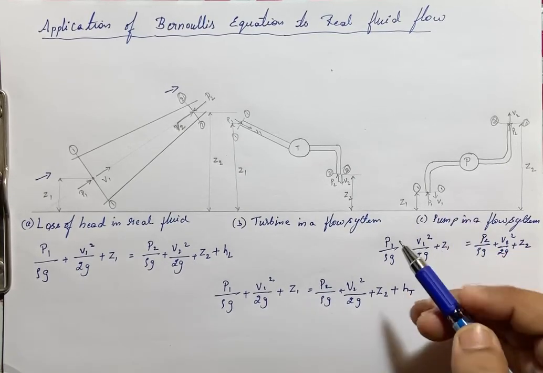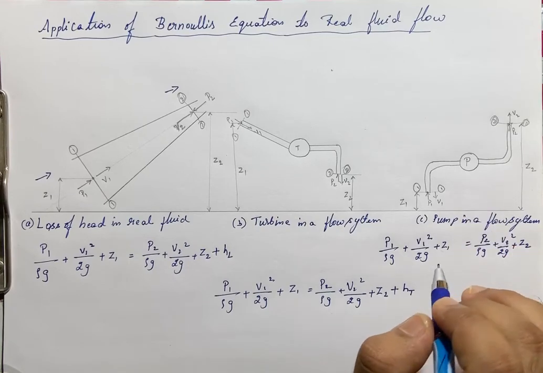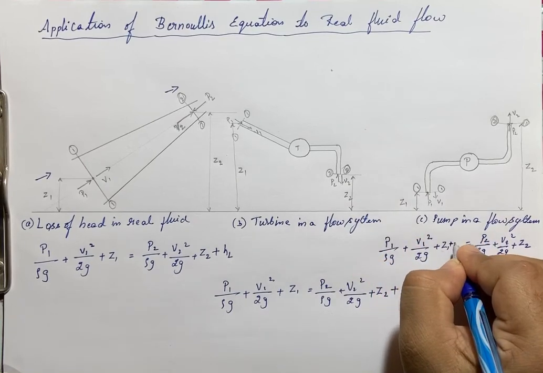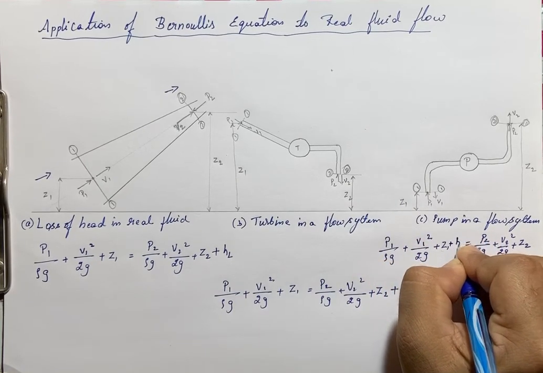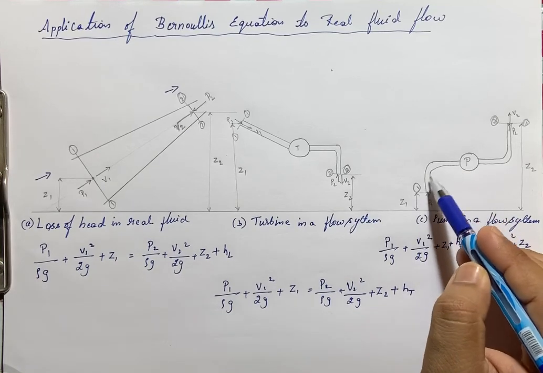Here the pump term should be added at section 2, that is loss of head due to the pump, because it is creating a vacuum here.